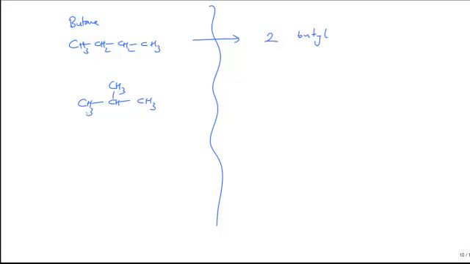So you got 2 more groups there. And let's see if I can write this one here. You see, I've changed one of these hydrogens to be a group, yeah? So that's 1 butyl.